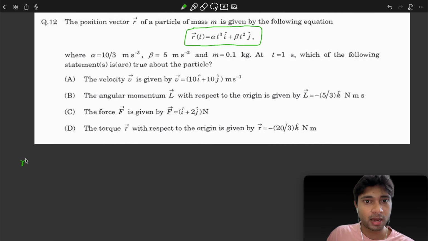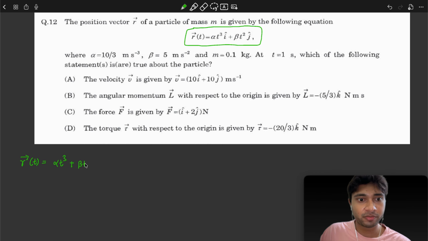You can also pause the video and try to solve it on your own, and resume if you will not be able to solve. The position vector is given as alpha t cube i cap plus beta t square j cap.